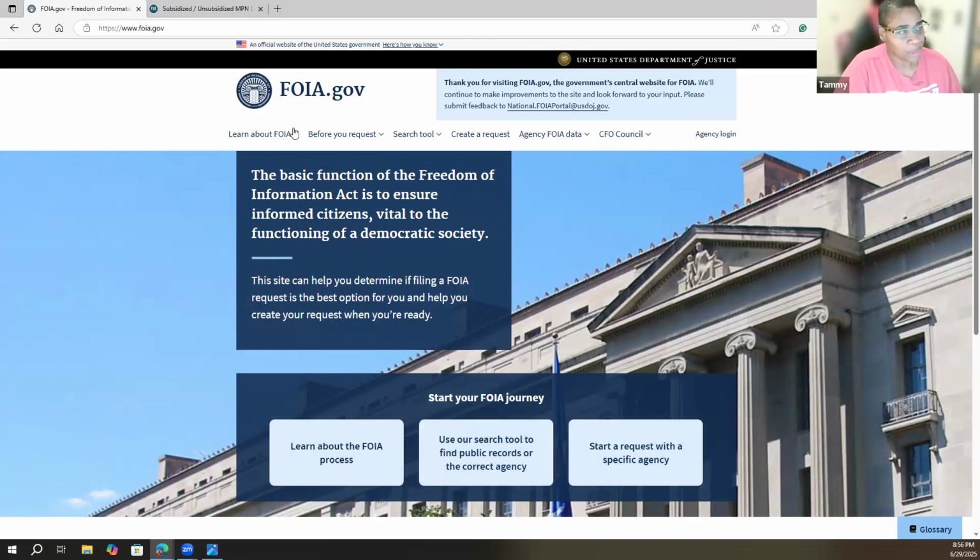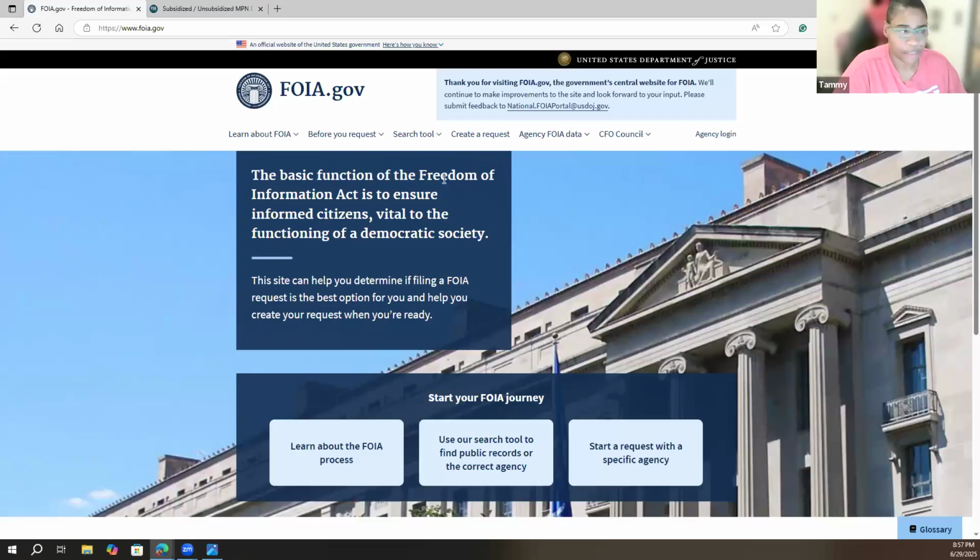So first and foremost, all of this information is here, and in the kit that I created, it'll show you exactly what documents you can request from these agencies, depending on what you want.